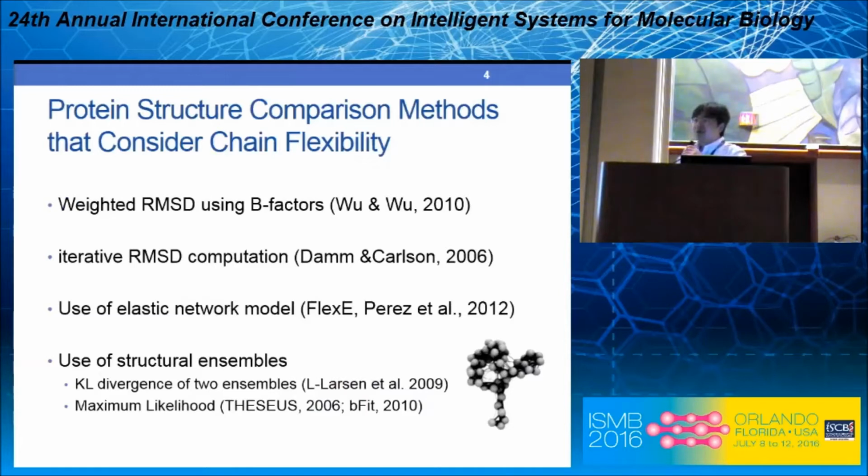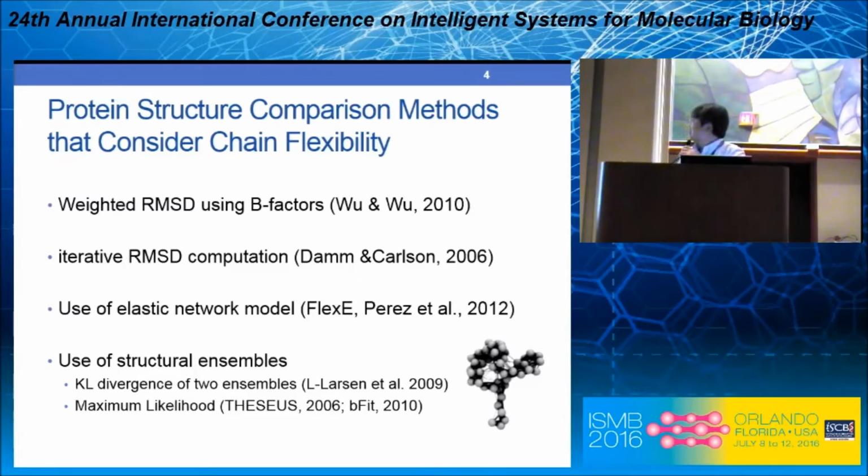People have noticed it, of course, and there are several methods to compare protein structures using flexibility. When you compute an RMSD value, you can give a weight to individual residues by considering, for example, the B factor, or you can run the RMSD computation iteratively and use the distance from the previous iteration as a weight.